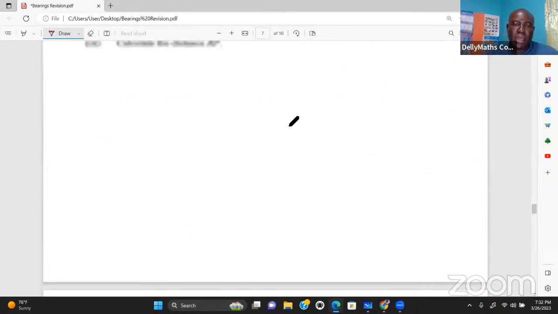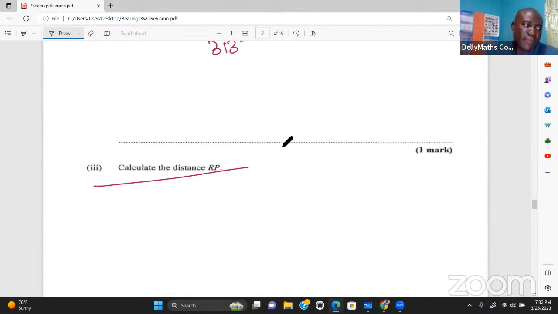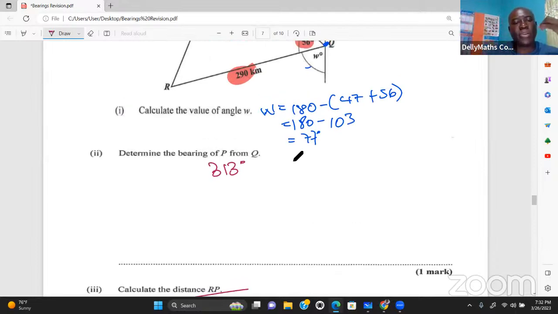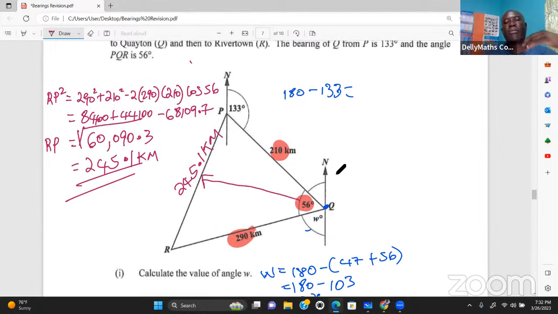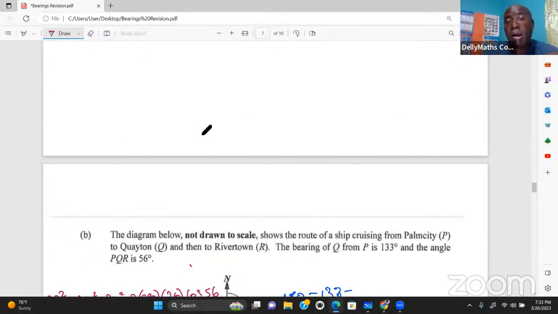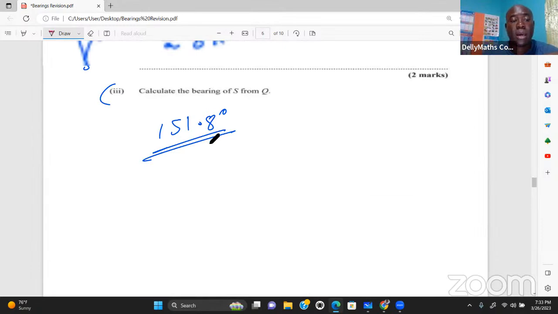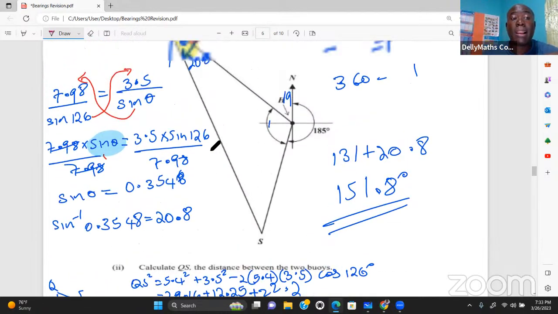All right. So that will be all. If you notice, in all the questions we are actually doing the same things over and over, back and forth. We have used the cosine rule a lot. These are all exam questions. The sine rule a lot.